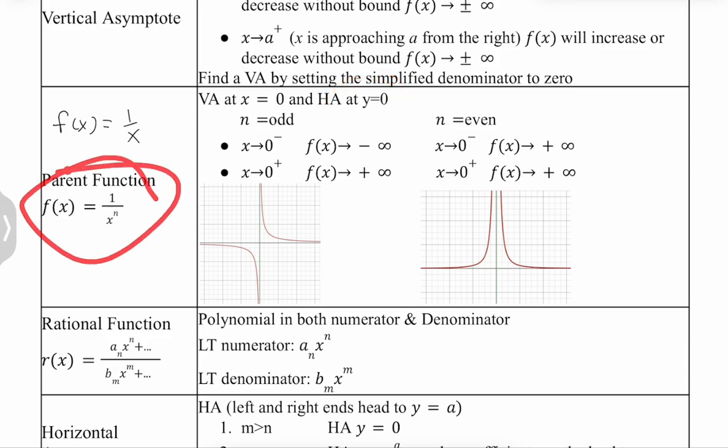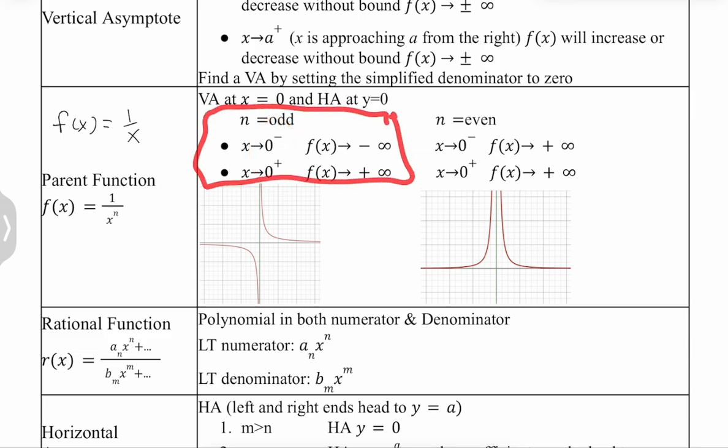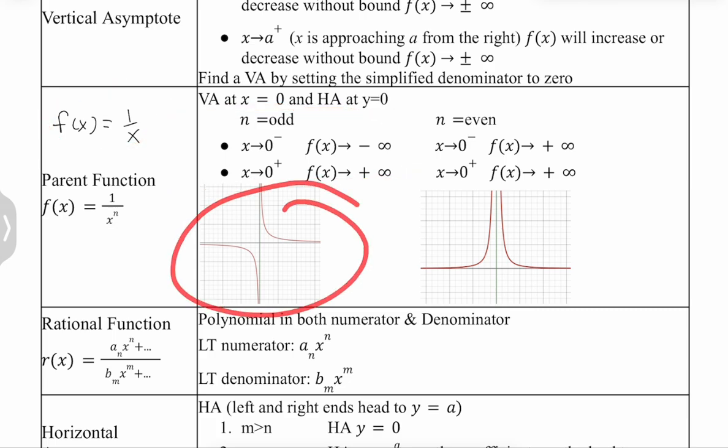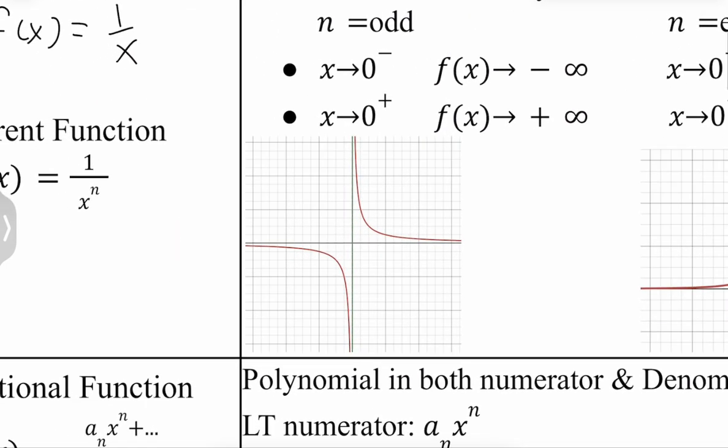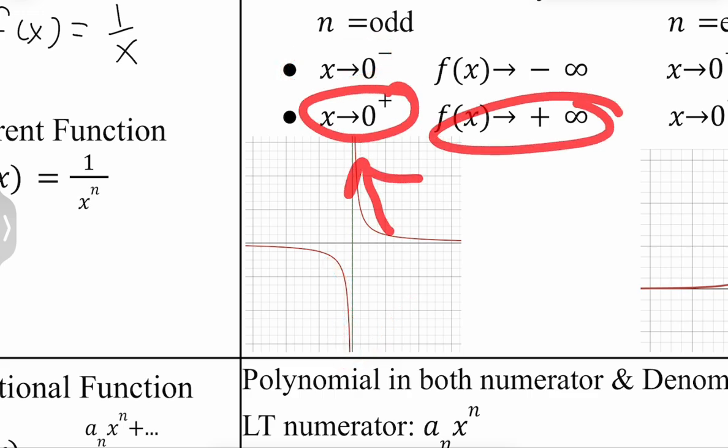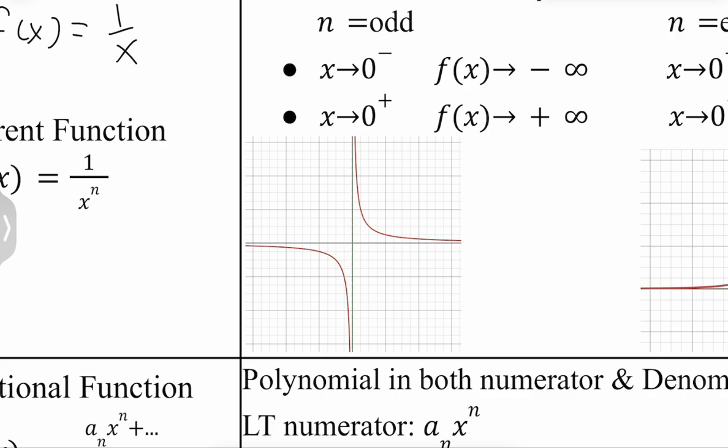What's great about these is as we approach 0 from the left, if our power is odd, like our original here, we already know what it looks like. As we approach 0 from the left, we're going down. As we approach 0 from the right, we're going up. So we know what happens if it's an odd power.